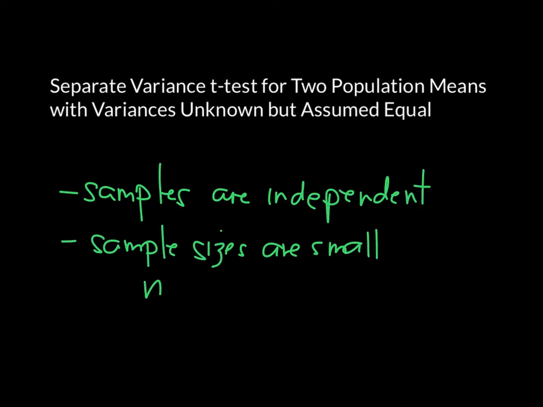So that means n1, the sample size 1, is less than 30 and sample size 2 is also less than 30.